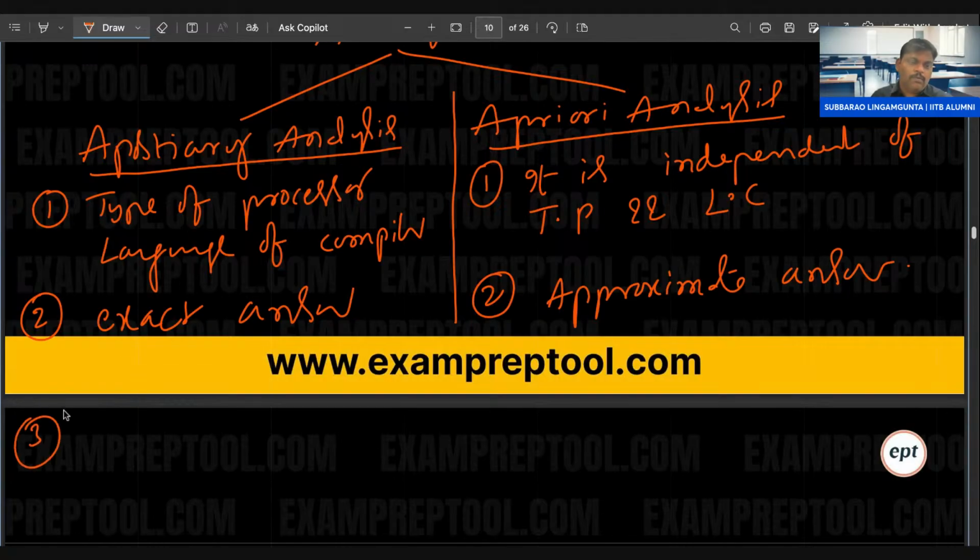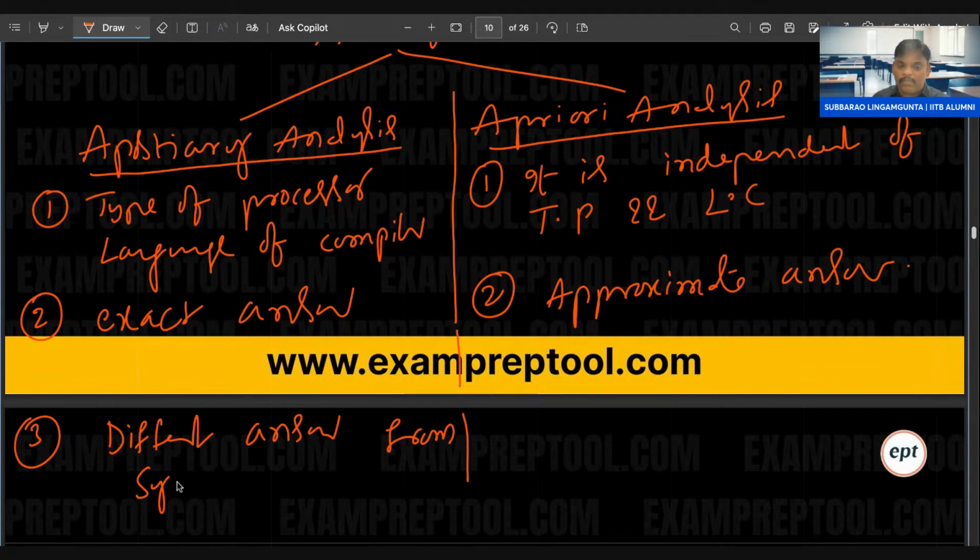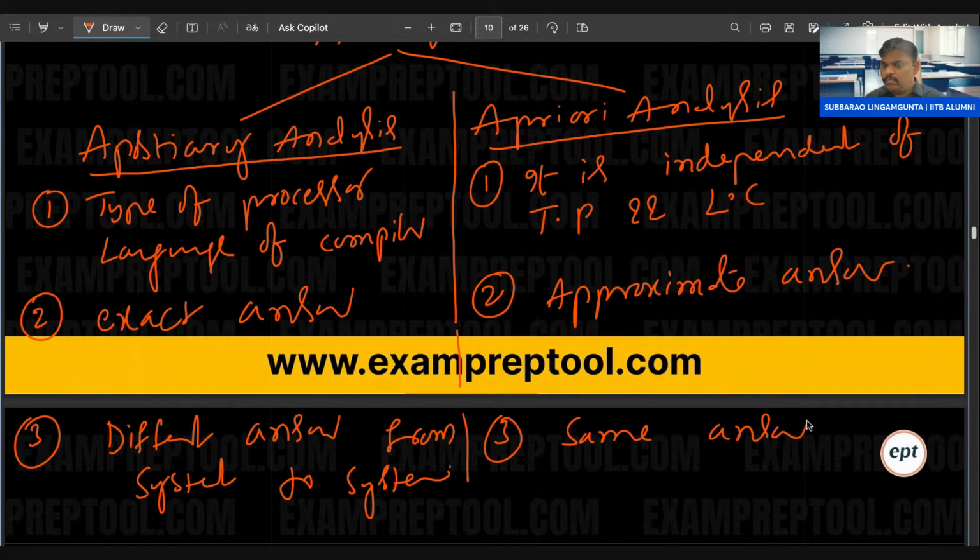Third one, the problem in posterior analysis is a different answer from system to system, because you are taking real things into consideration. But in priori analysis, the same answer in every system, because it is independent.